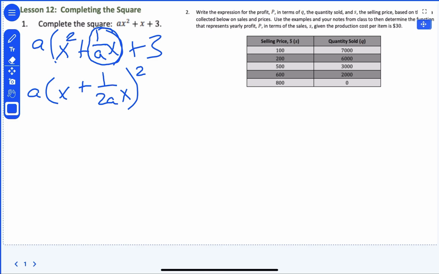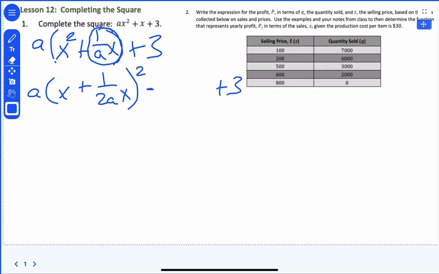Yep, we got to add a little step here. But we're still dividing by 2 and still squaring it. And we're just changing the order. Now we still have our plus 3. Actually, let's move that to the very end like we're used to doing. Okay? But we need our minus. Okay?